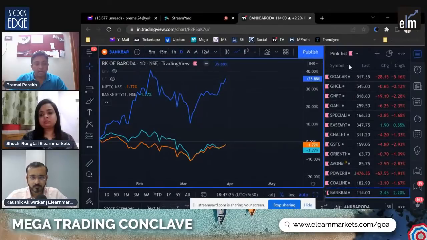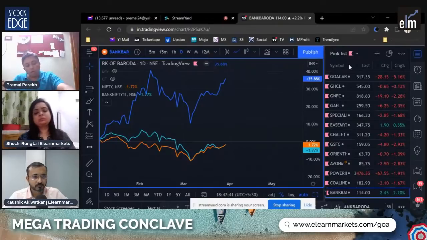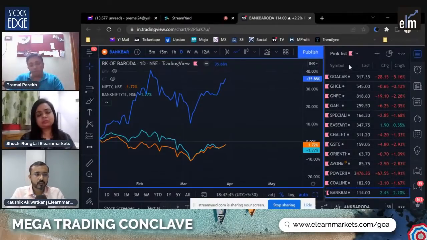So now you have all the three together: the Nifty, the Bank Nifty, and the stock itself. Had you bought Nifty on this particular date, your ETF, that is, if you had bought Nifty BeES, your performance would have been minus around 2%. Had you bought Bank Nifty, you would still have been minus approximately 1.72%.